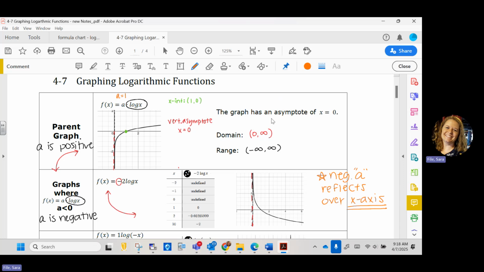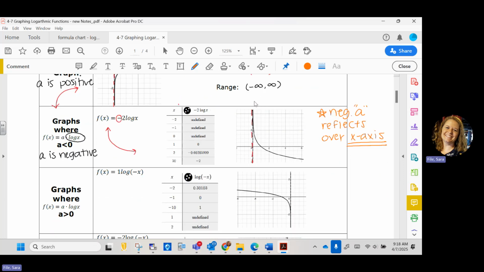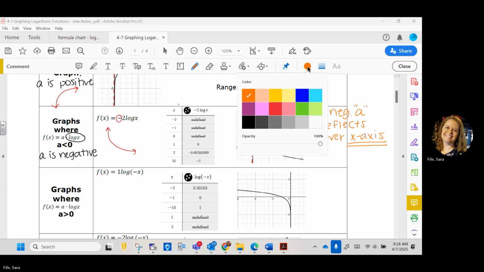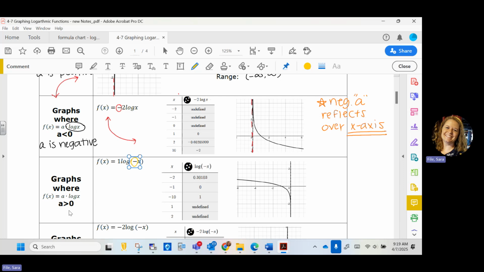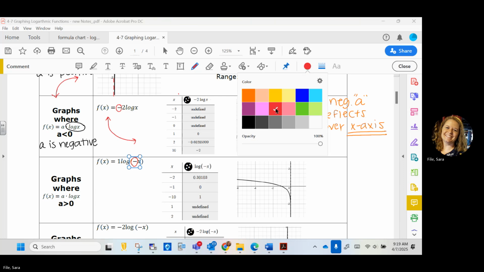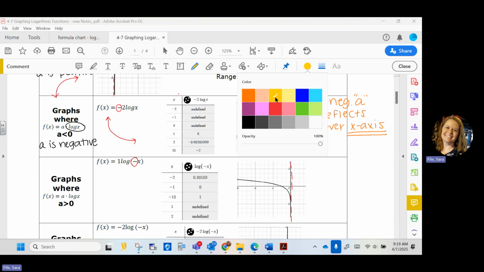Now, the difference in the next two is that here A is positive again, but where is there a negative? Inside here, right? The X is negative. So A is positive, but X is negative. What happened to the graph? Where is it? Yeah, it's on the left side of that asymptote.